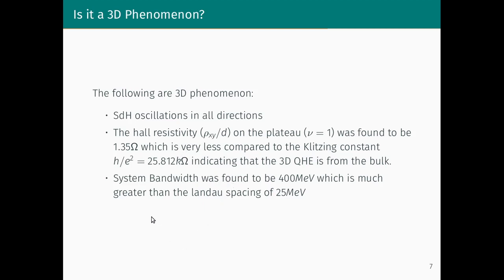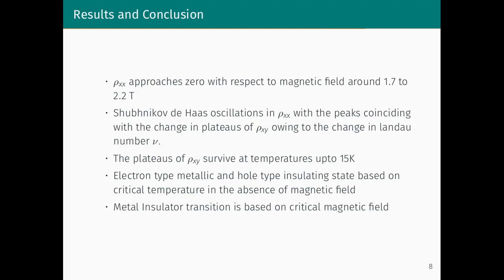Another argument which could be given here is that the system bandwidth was found to be 400 milli electron volts, which is much greater than the Landau spacing of 25 milli electron volts. So these possible explanations point to the direction where we could conclusively say that this is indeed a 3D phenomenon.